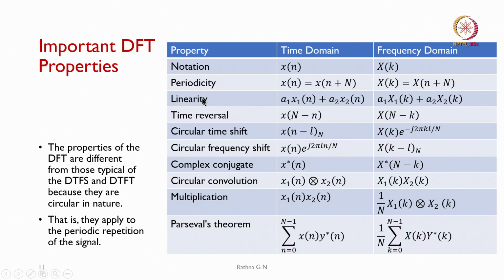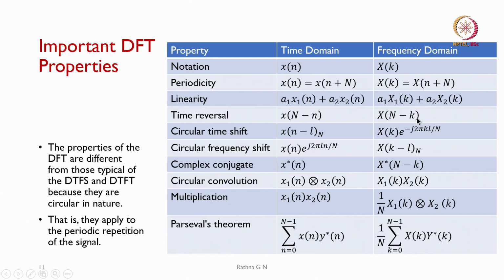And what is our linearity property? If x 1 is multiplied by a coefficient a 1 and x 2 multiplied by a 2, and you add them, the result in the frequency domain should also be a 1 times x 1 of k plus a 2 into x 2 of k. Then you can have time reversal in the time domain; in the frequency domain it is with respect to k.